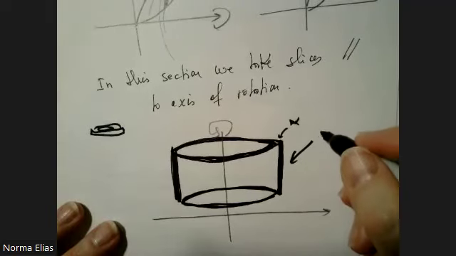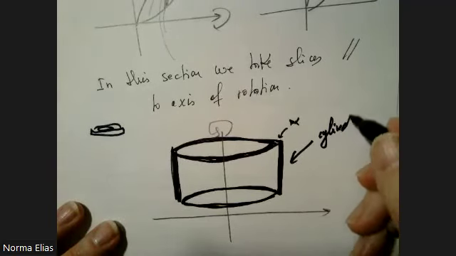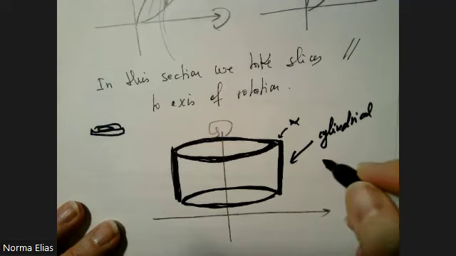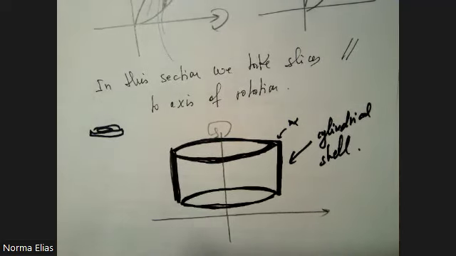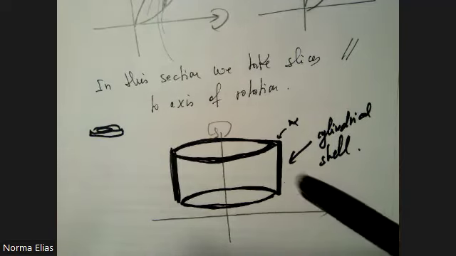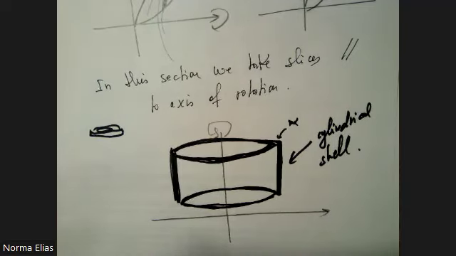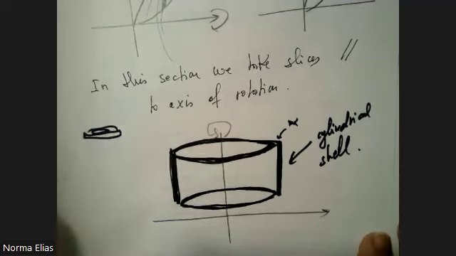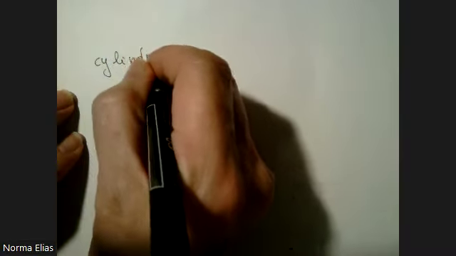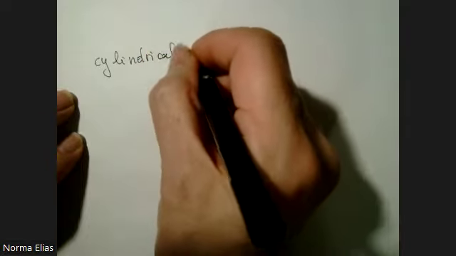So this is what we are going to call the cylindrical shell. So the picture is very different. Now the question is, what's the volume of a cylindrical shell? And question number 2 is, how are we going to use this concept to find the volume? So, cylindrical shell.